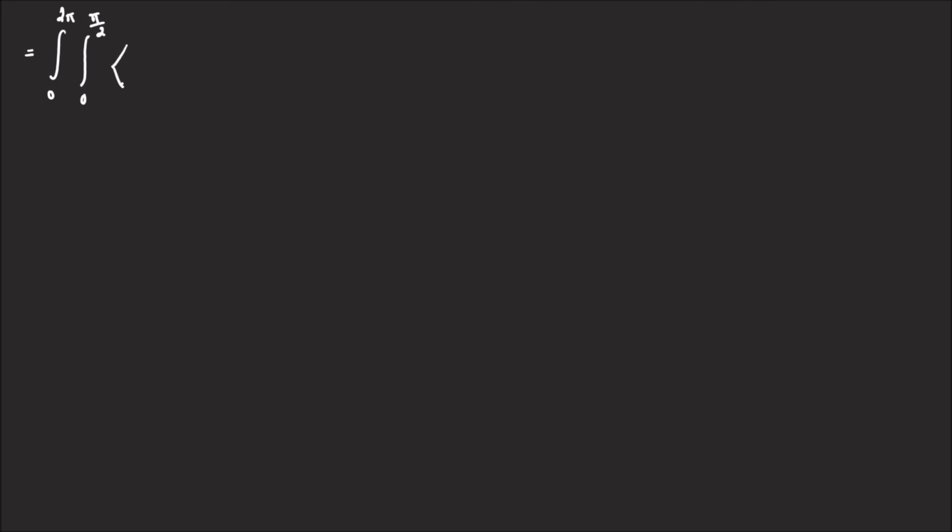We now have to do V of G. That'll give us cosine squared theta sine squared phi, plus sine squared theta sine squared phi, 0, cosine squared phi.